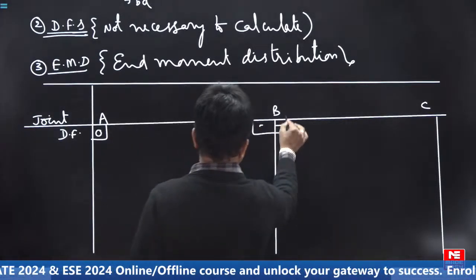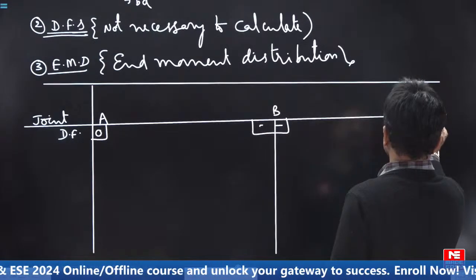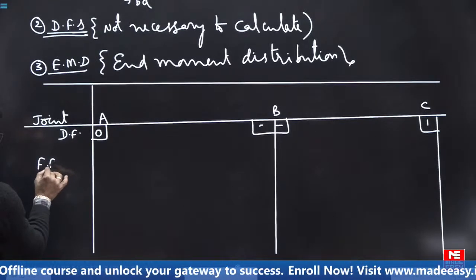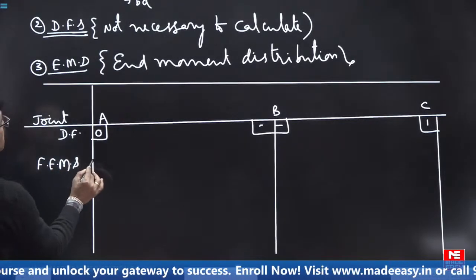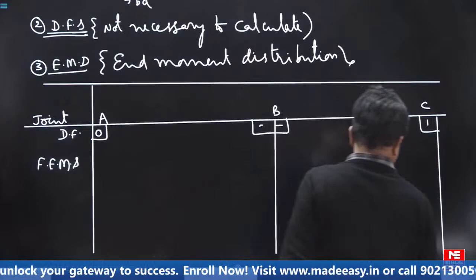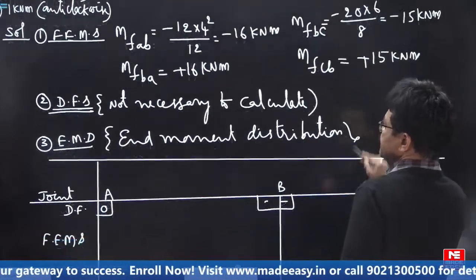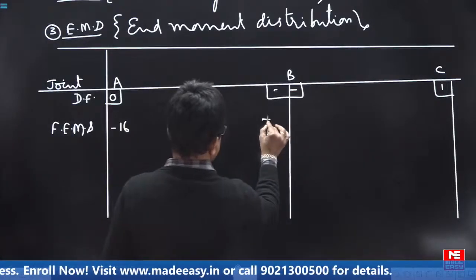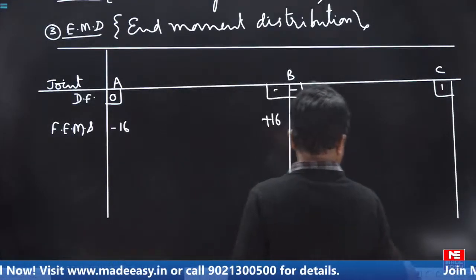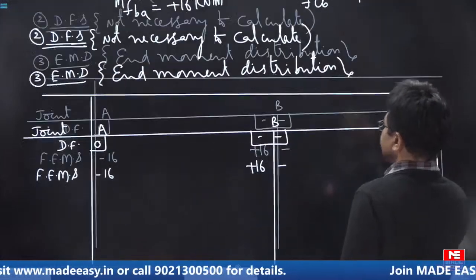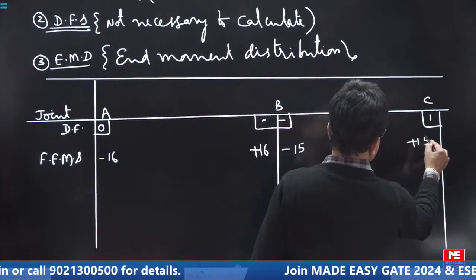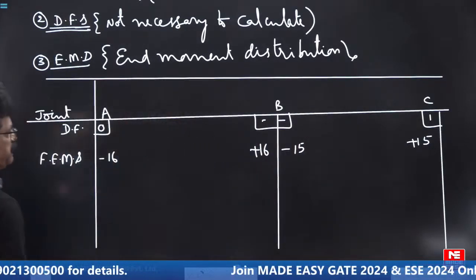Some values are there, we are not interested. Here it is 1. Then fixed end moments. Here you got minus 16, plus 16. This is minus 15, plus 15. These are all the fixed end moments.